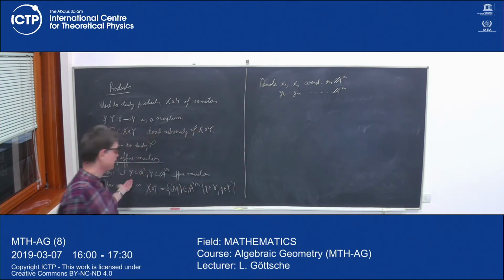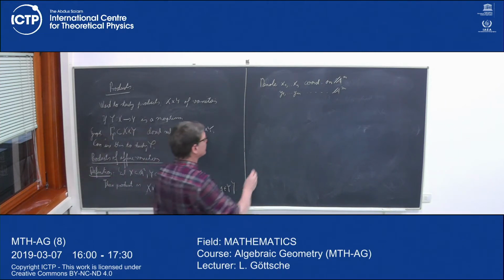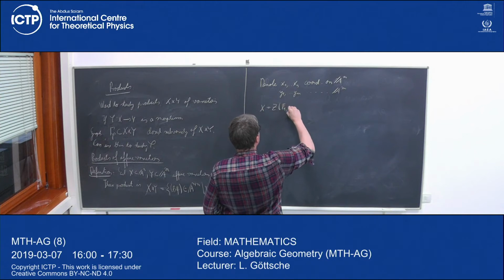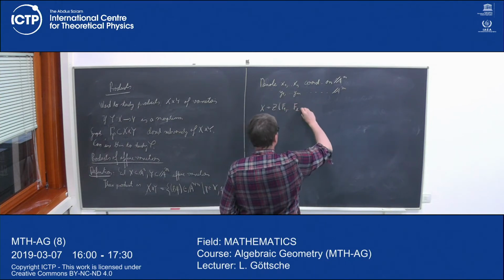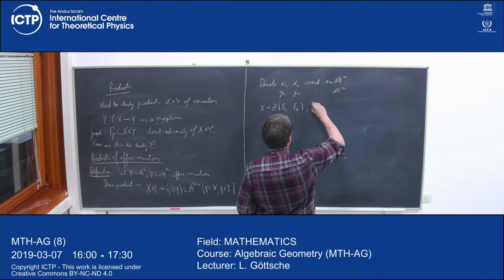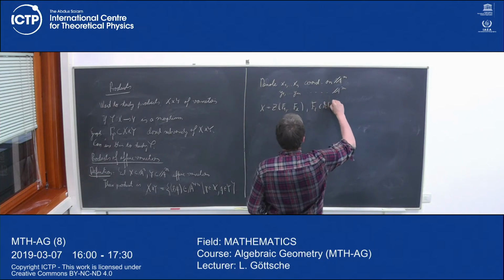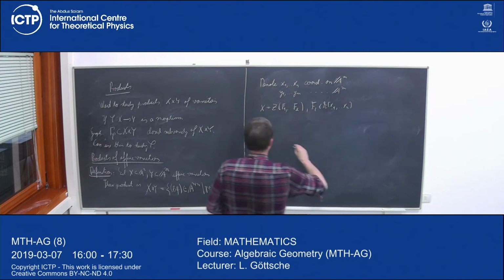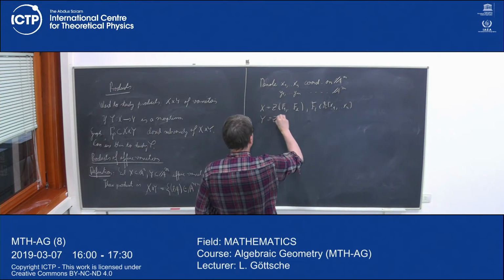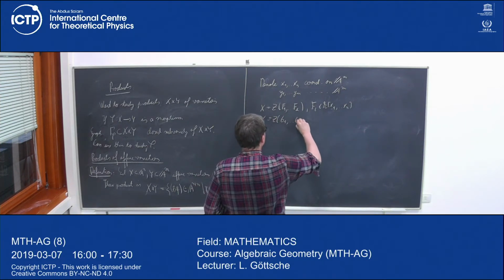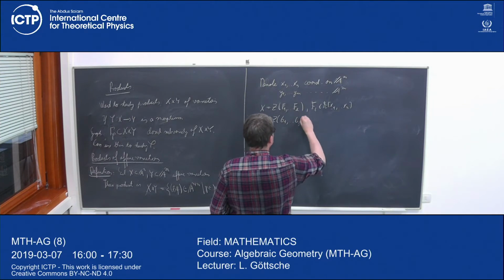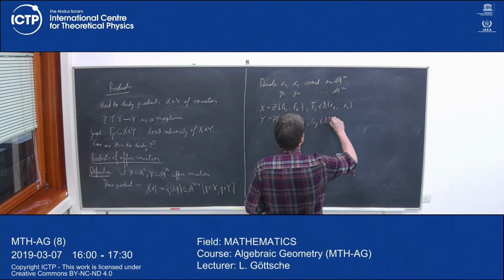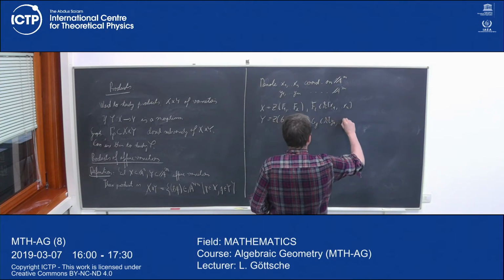X is the zero set of some set of polynomials, so we can write X equal to the zero set of some polynomials f1 to fl, where the fi are polynomials in the first set of variables. In the same way, Y is the zero set of g1 to gs, where the gj are polynomials in the second set of variables.